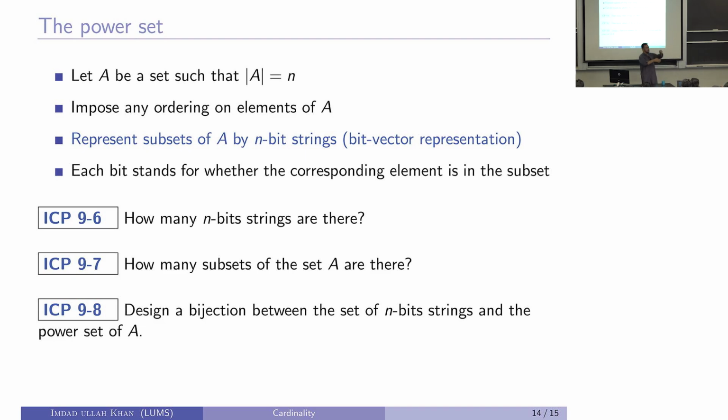The first bit corresponds to the first element of A, because we fix an ordering of A. The 19th bit corresponds to the 19th element of A. If that is 1, it means the subset represented by this bit vector has the 19th element of A. If it is 0, the 19th element of A is not there in the set. I don't want to go into it, but you cannot forget stuff like this. These are so fundamental.